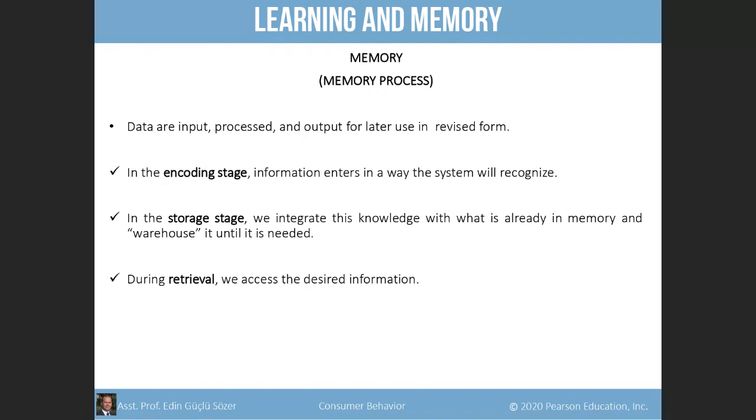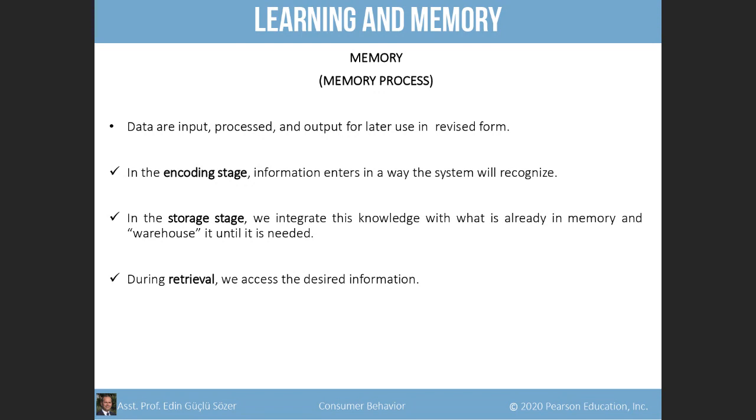More scientifically, we can input the data into our memory when we can understand the incoming information and recognize it. This is why it is called the encoding stage. The encoding stage involves understanding the incoming information and recognizing it.